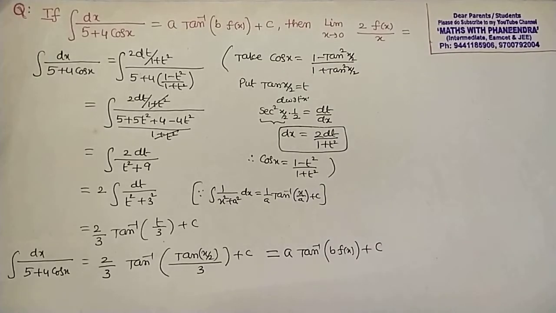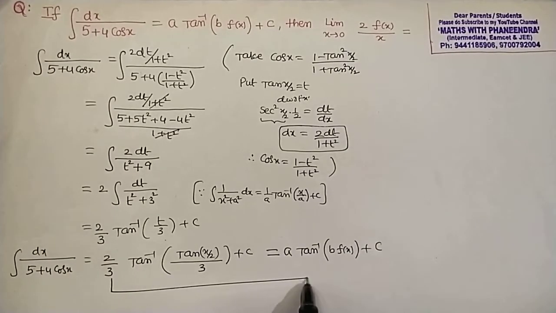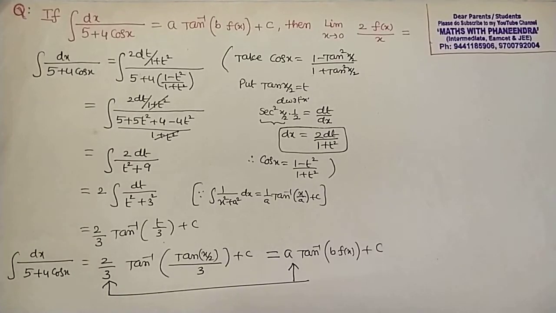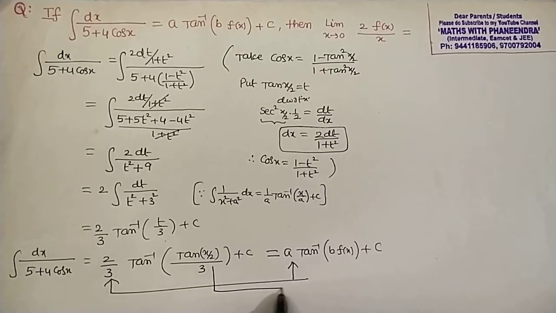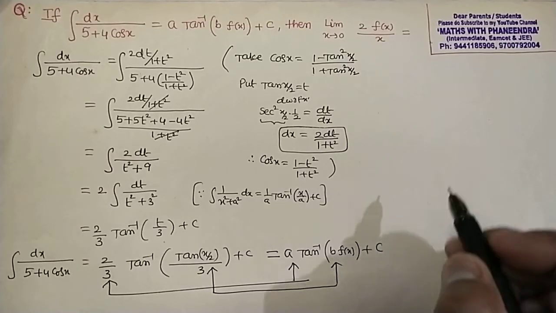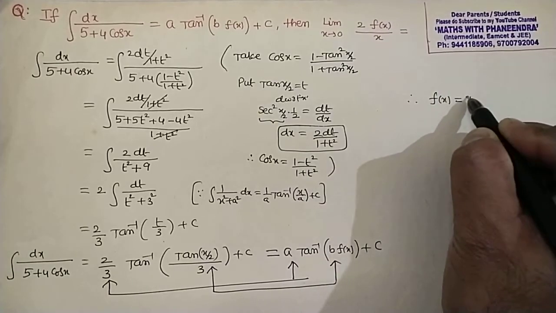On comparing, you have to compare the tan inverse terms. So a is equal to 2 by 3. We got the a value here, and we require only f of x now. Comparing the tan inverse involving functions, after comparing these two, we get f of x is equal to tan x by 2.